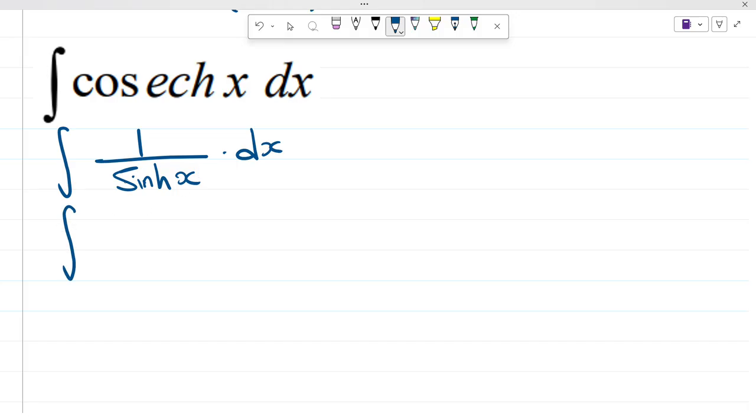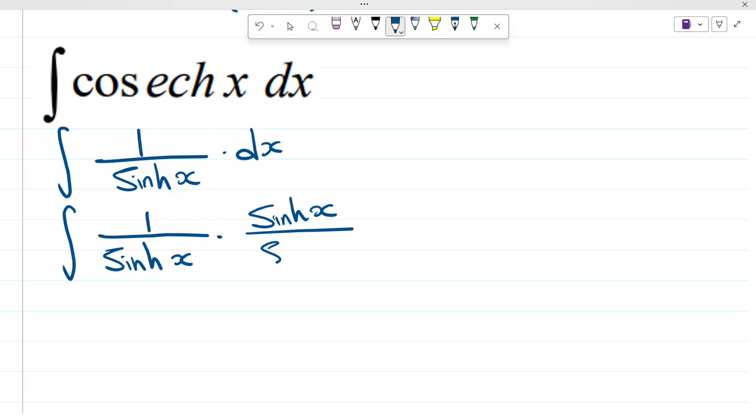The 1 is whatever thing that you have in the denominator, you say itself divided by itself. So that's going to be this one. So this is going to be 1 over hyperbolic sine of x multiplied by hyperbolic sine of x divided by hyperbolic sine of x dx, like this.